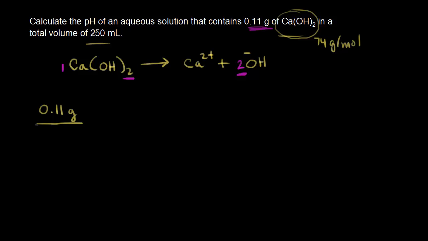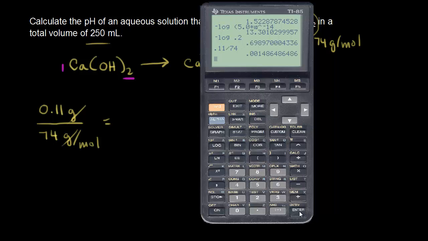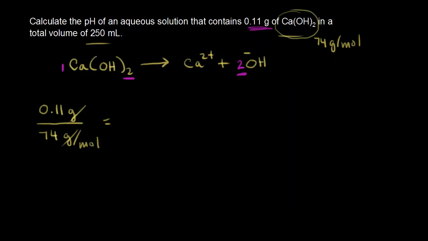So if we divide 0.11 grams by 74 grams per mole, the grams would cancel, and we would get moles here. So let's do that on the calculator. So 0.11 divided by 74 is equal to 0.0015. Right? So we get 0.0015 here.